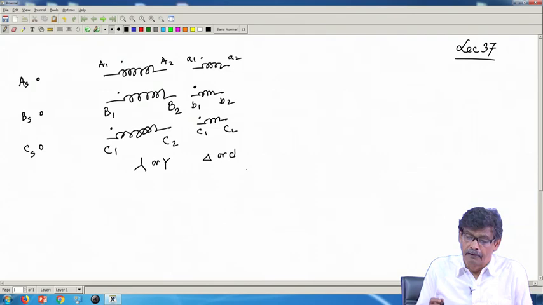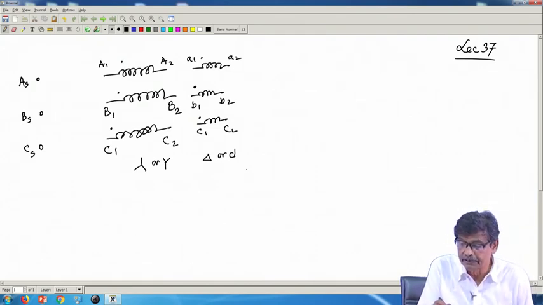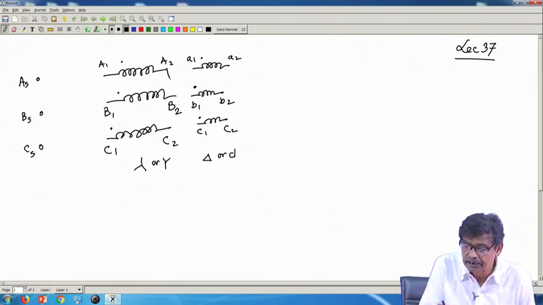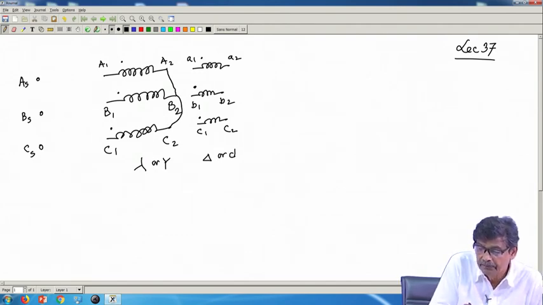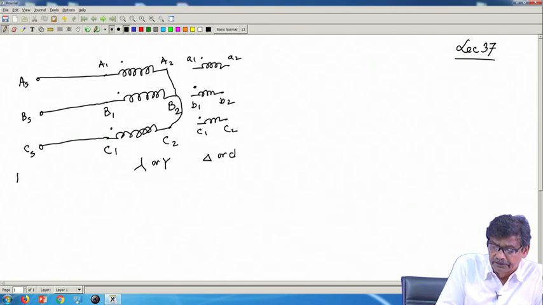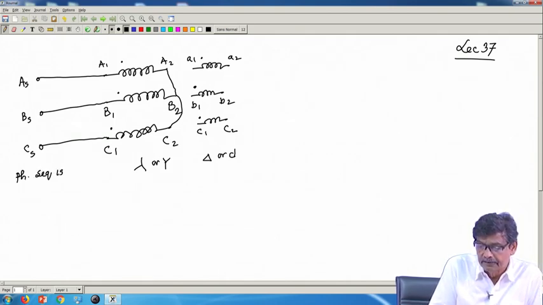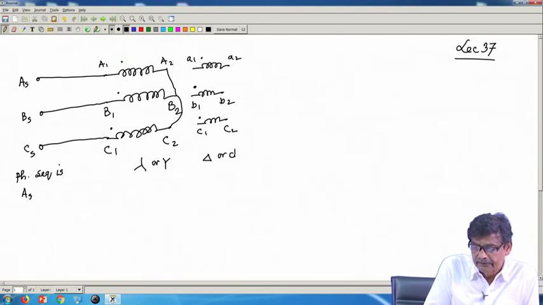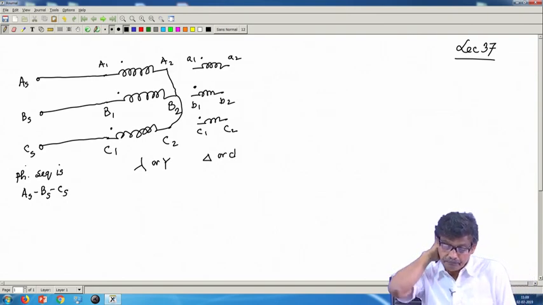So, what I do is make a valid star connection with A2, B2, C2 shorted, and I will connect A1 with AS, B1 with BS, and C1 with CS. And suppose the phase sequence of the supply is AS, BS, CS, ABC. A stands for supply.